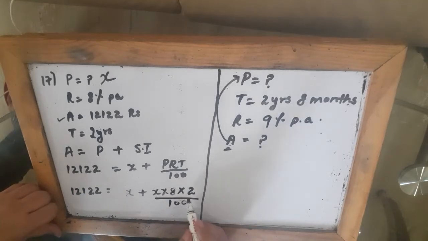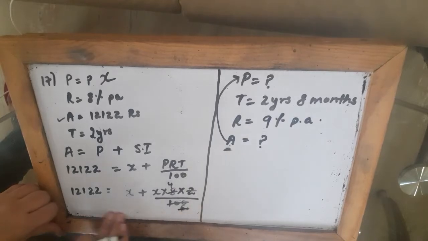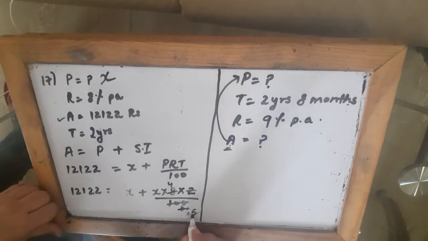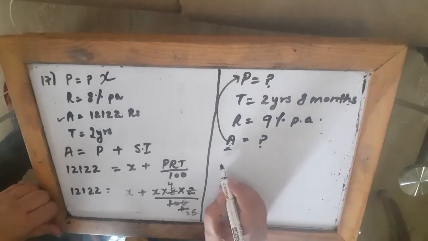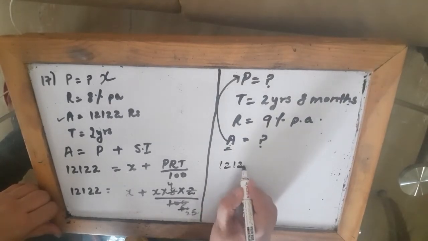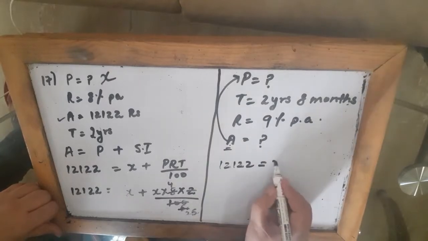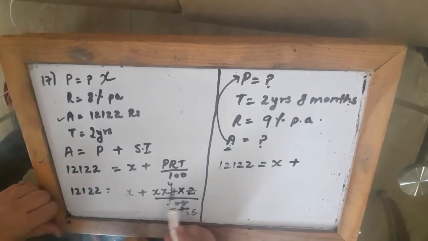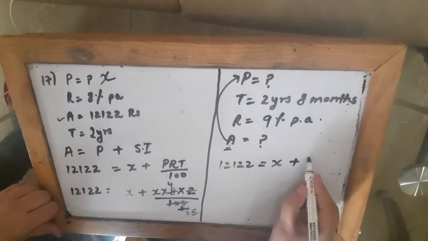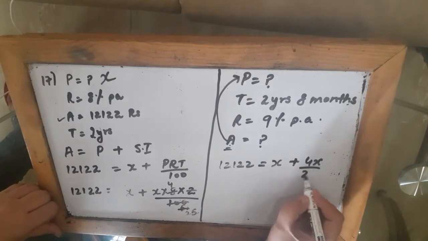So what it comes to: 2 50s, 2 4s, and 2 25s. So what comes here? So 12,122 is equal to x plus, now if I solve this, this becomes 4x upon 25.